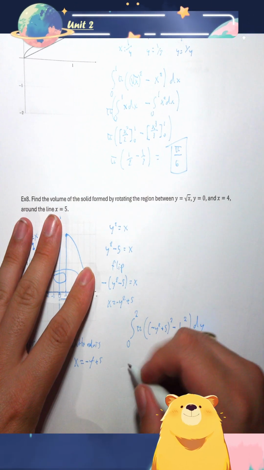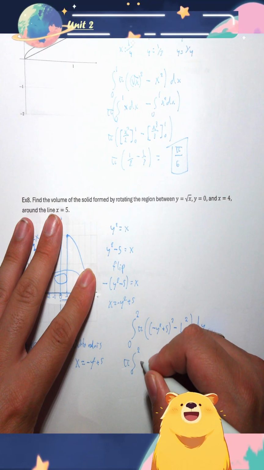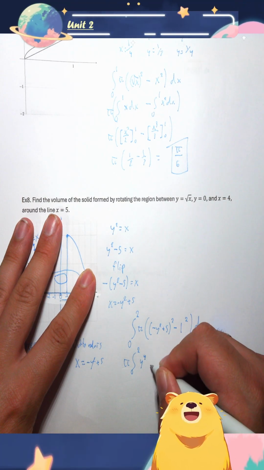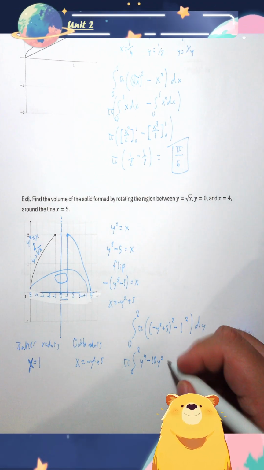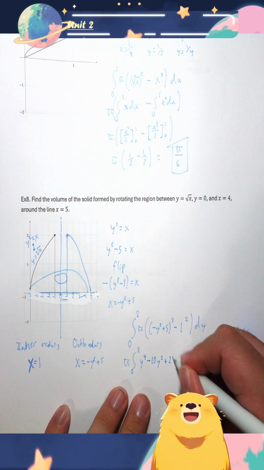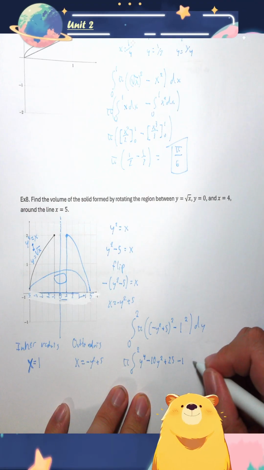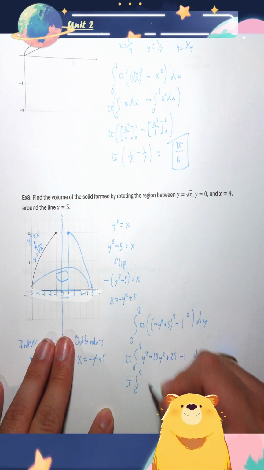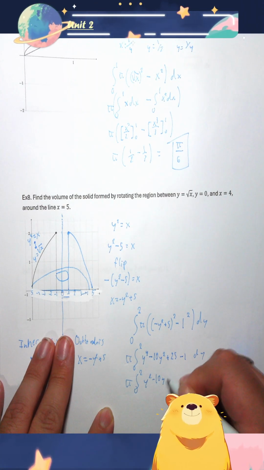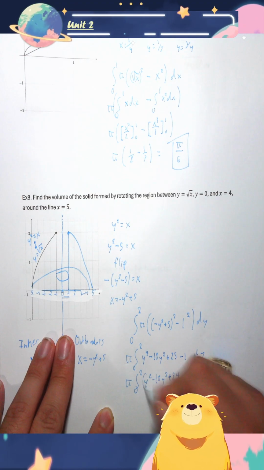I'm going to take out the pi. We get y to the power of 4, and then minus 10y squared, and then plus 25 minus 1, because 1 squared is 1, dy, and that becomes plus 24 dy.